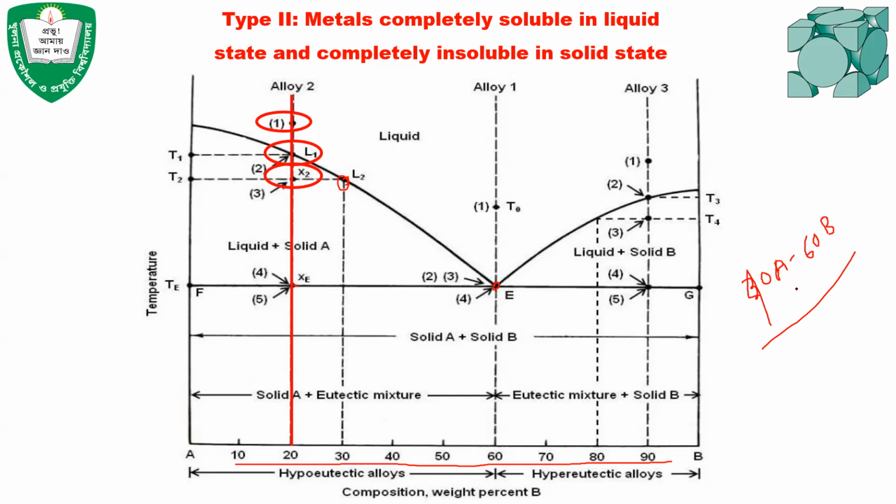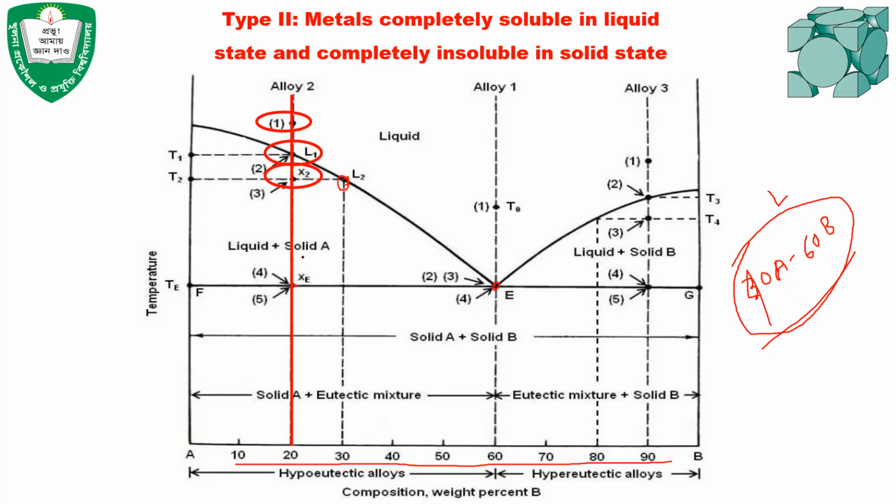Okay. And since it is a eutectic composition, the solidification of this liquid will occur at a constant temperature. That means temperature will not drop anymore. At the constant temperature, solidification of this liquid will occur.